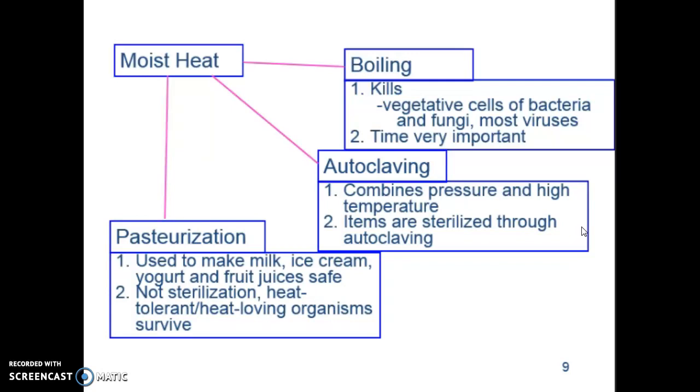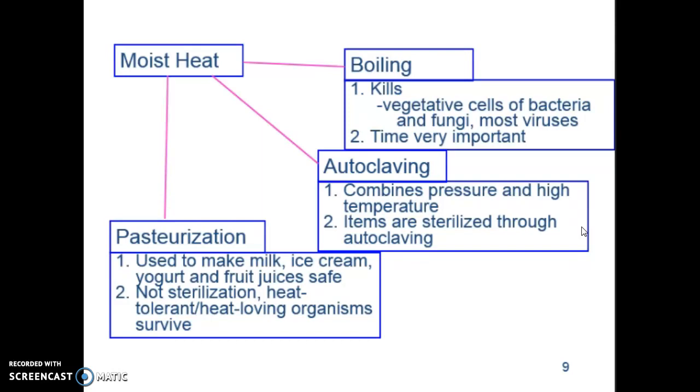And as I mentioned on the previous slide, time is important. Again, just bringing something to a boil may not work 100%, especially organisms like fungi that have a rather sophisticated cell wall, or some of them can have a sophisticated cell wall.